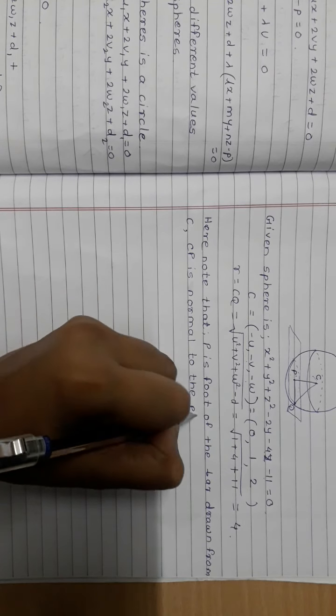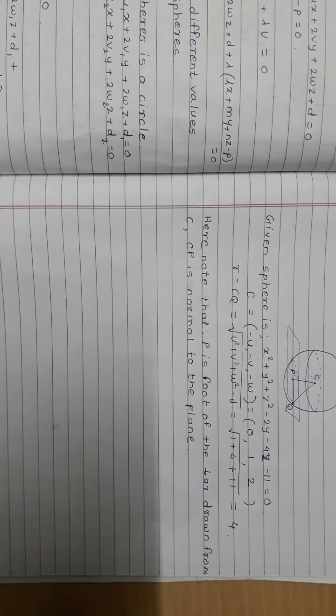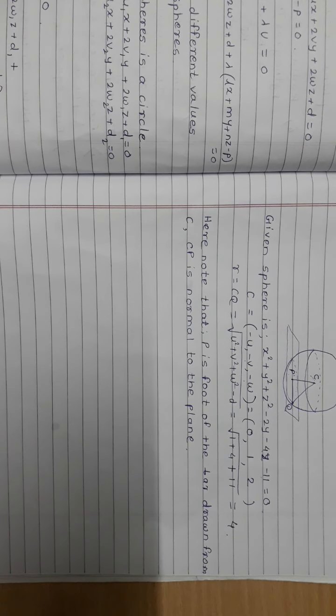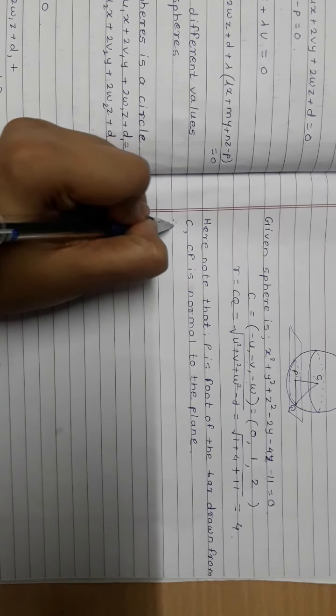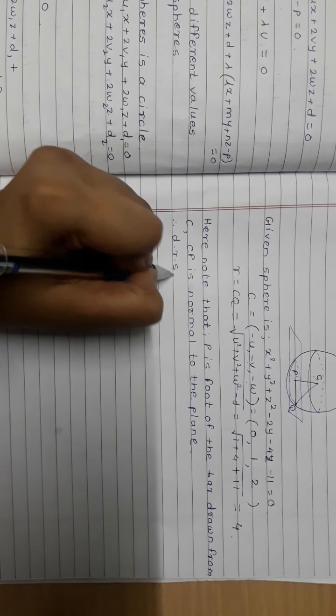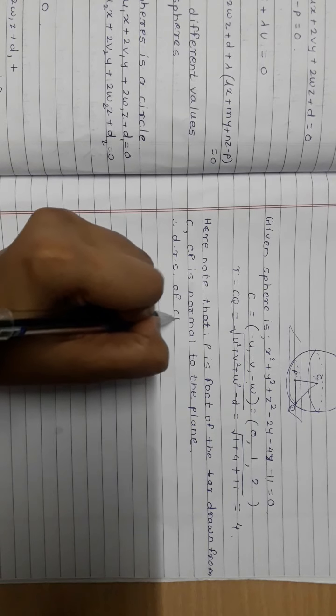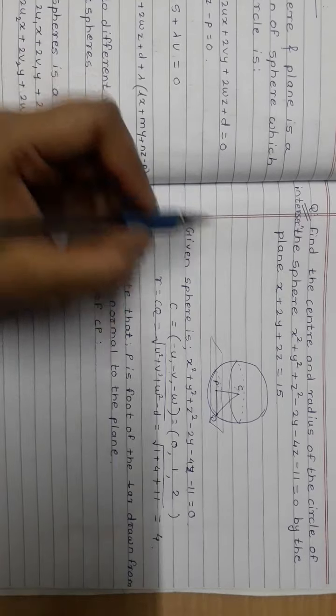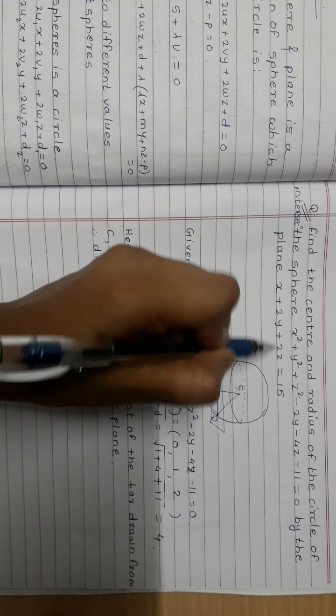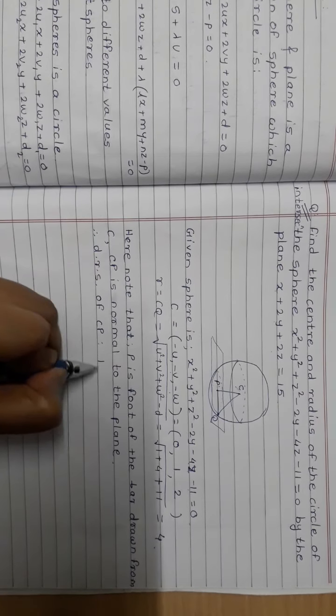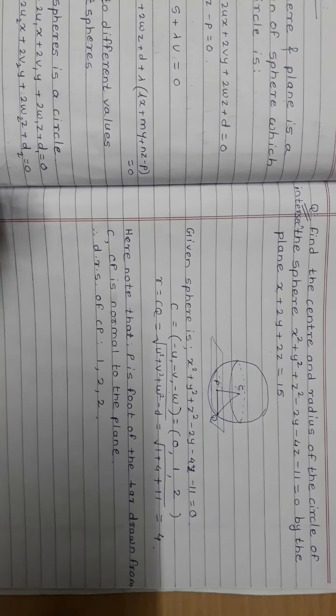So since it is normal to the plane, the direction ratios of CP are going to be the coefficients of x, y, z from the equation of the plane, right? So therefore the direction ratios of CP, the equation of the plane is given by x plus 2y plus 2z, so the direction ratios are 1, 2, 2.